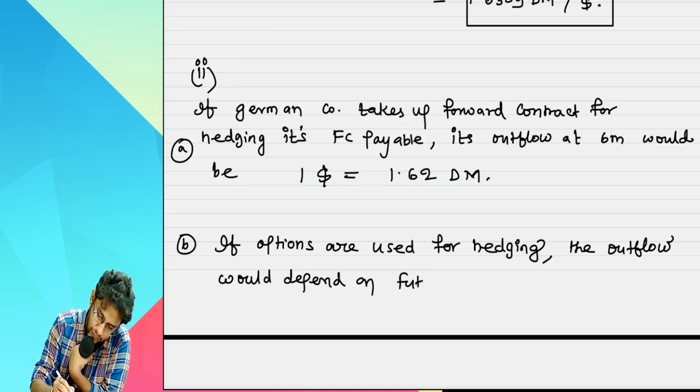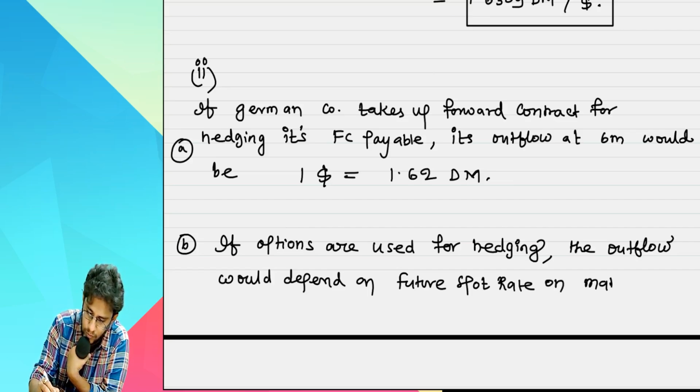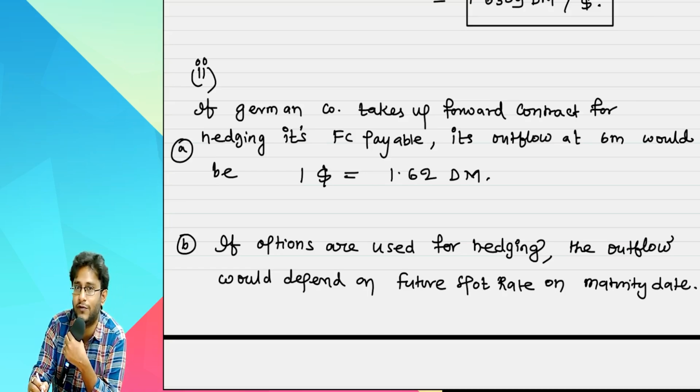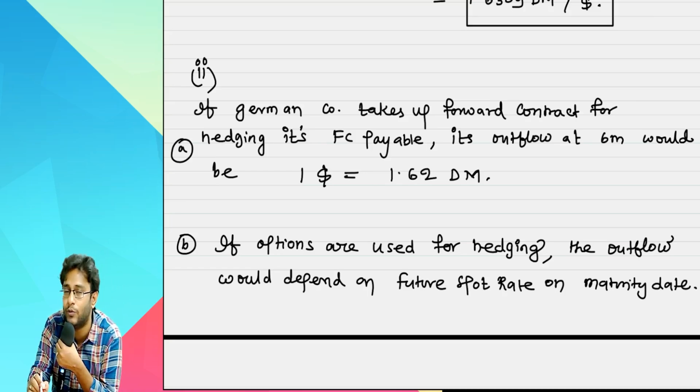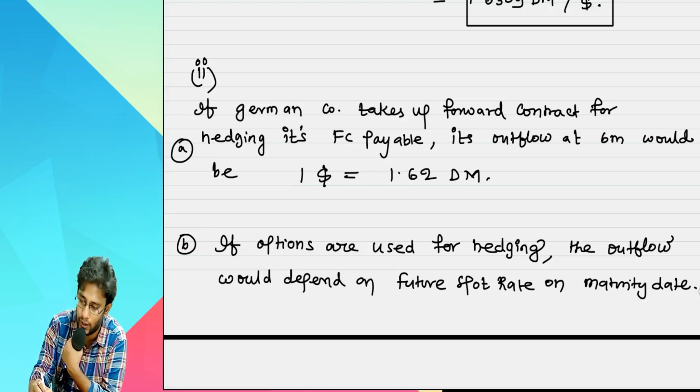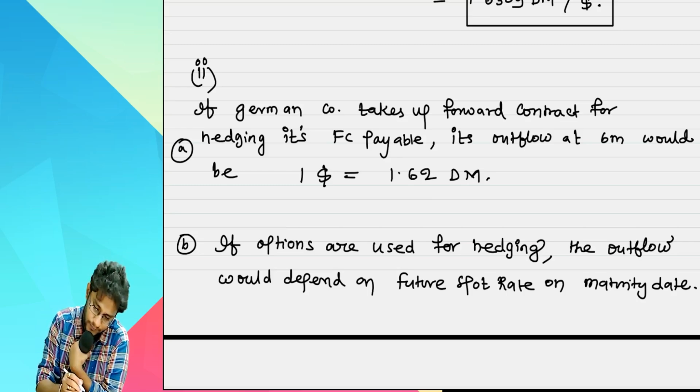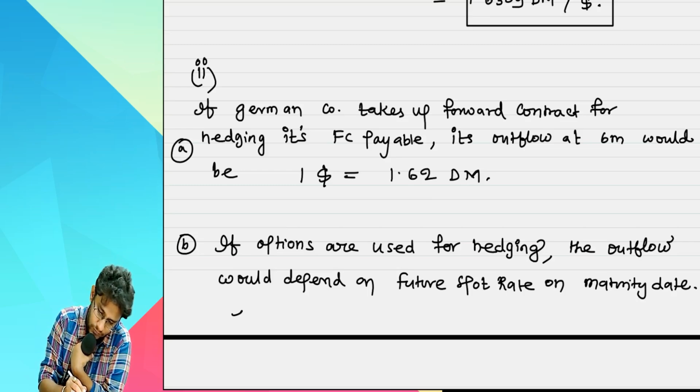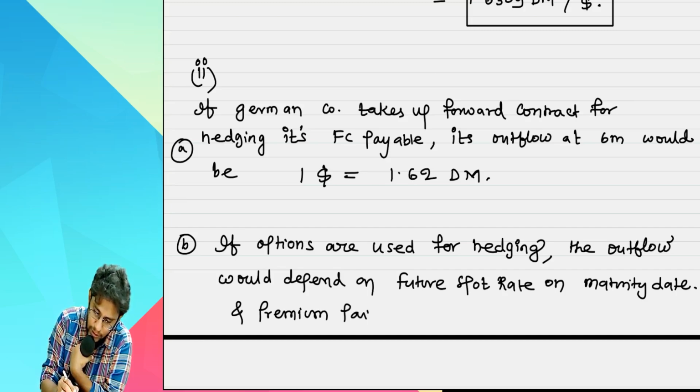Depend on future spot rate on maturity date. Sir, question of future spot rate not given, what to do? That we know how to handle, but he is not asking that actually. And premium paid is a definite outflow.